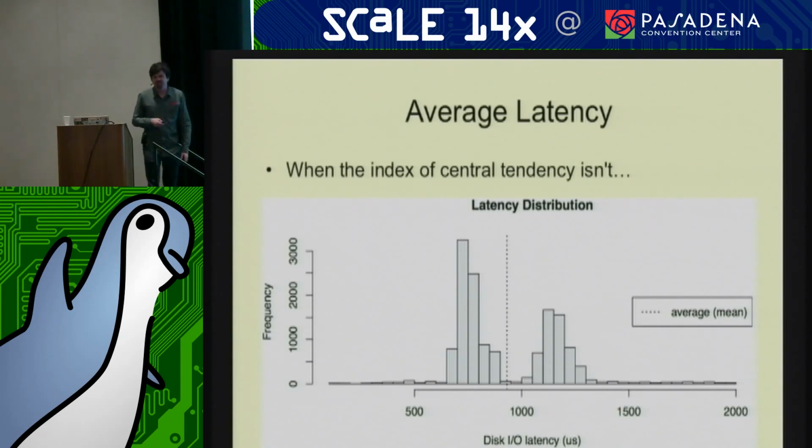The average is in between them, which is just an interesting real-world example. It's when the average is supposed to be the index of central tendency. In this case, it's not. It bifurcates the modes. So that is quite misleading if you're looking at averages. You also want to look at the distribution so that you understand if you have a multimodal distribution or a long tail and the average is not what you think.